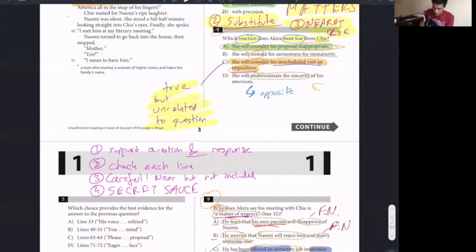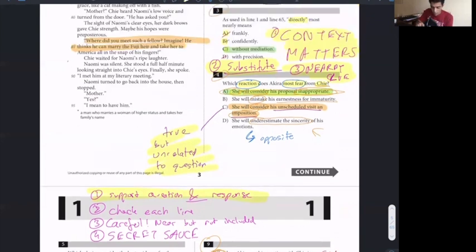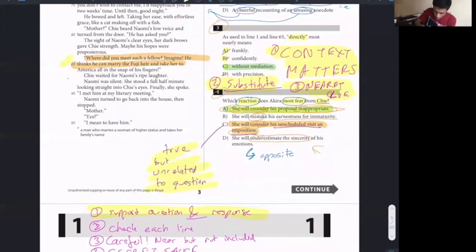So the first thing we want to do in this line approach is this answer should support the question and the response. So what does that mean? It means that you can find a support that she will consider his proposal inappropriate. You can find a support for that. Where is the support for that? Well, right here. Yep, this is the support that she will consider his proposal inappropriate.